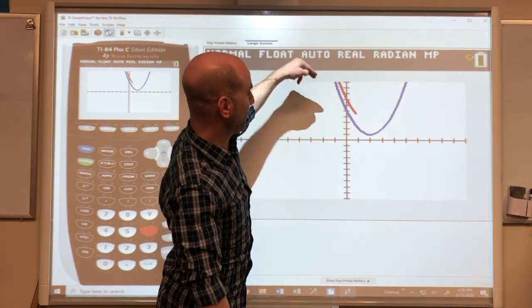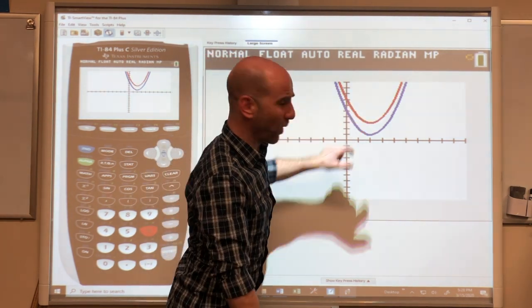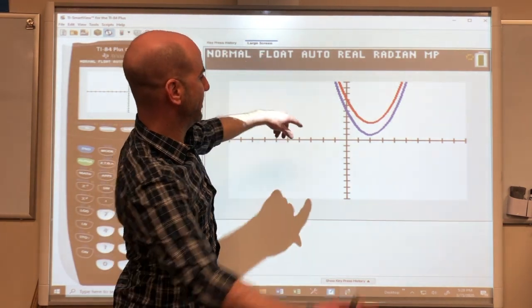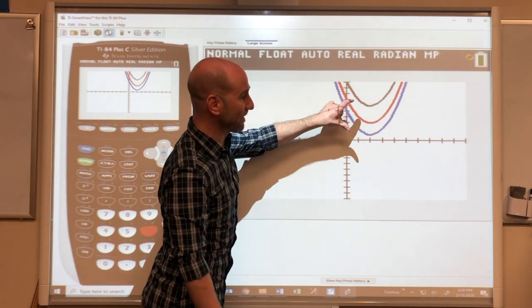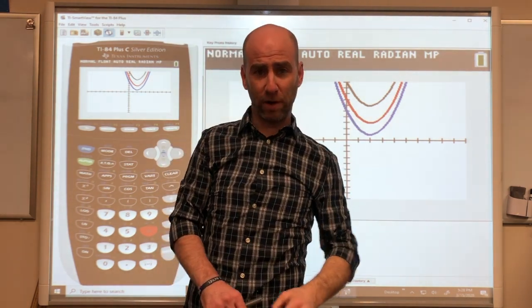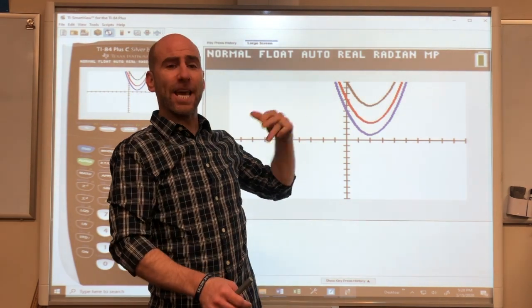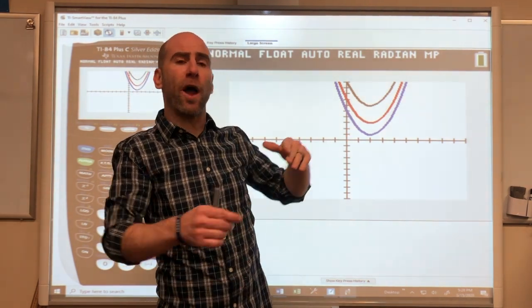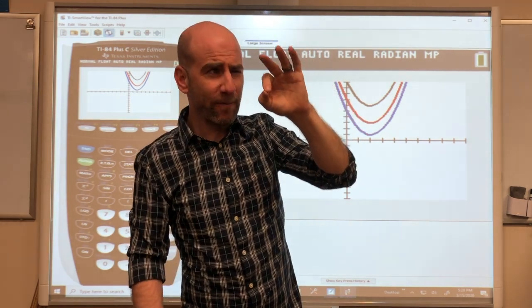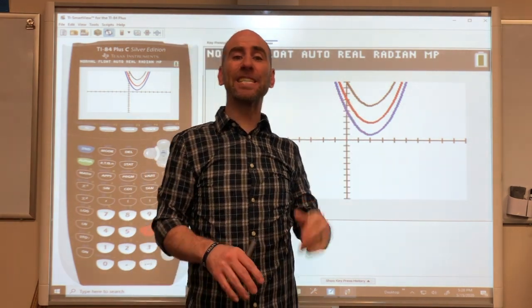Then as the next one comes through, you see how it's further away? That's negative 12. And then the final function is really far. That's not even close to having a solution. That was a discriminant of negative 24. So you can see how close or how far the graph is from touching the x-axis based on its discriminant.